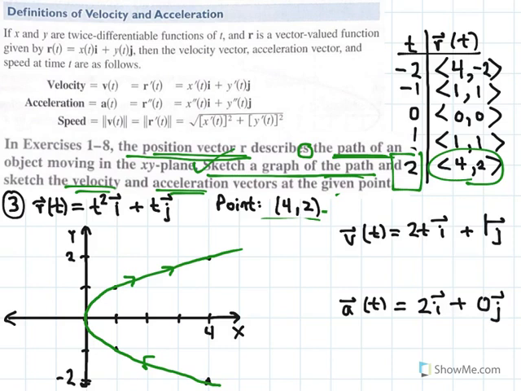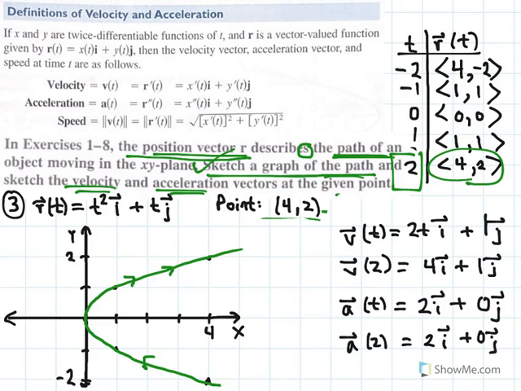So I have 2i plus 0j. And if I evaluate the velocity vector at time is equal to 2, I get 2 times 2 is 4, 4i plus 1j, and I get the acceleration vector at time is equal to 2 would be 2i plus 0j.